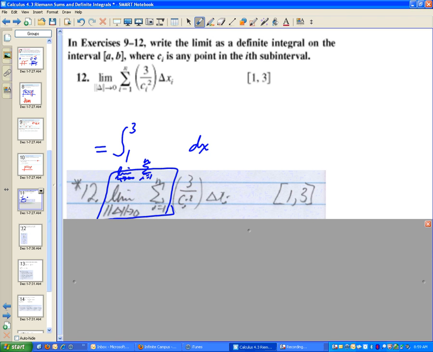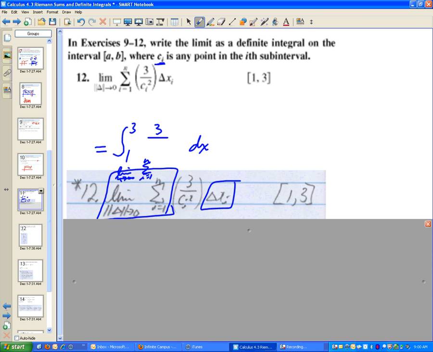The question now is, what's f of x? Well, I've taken care of everything that I've boxed up, haven't I? So then what's left over? That's our f of x. So our f of x is 3 over, now I'm not going to put ci. Ci is any point in the, actually I should have said it's any x coordinate in the subinterval.